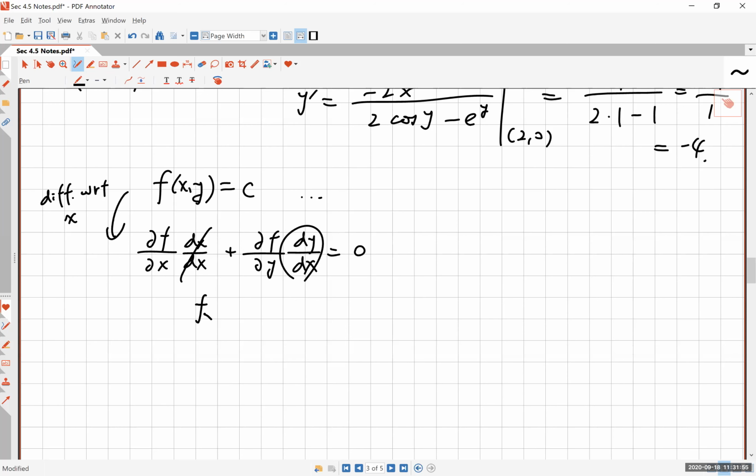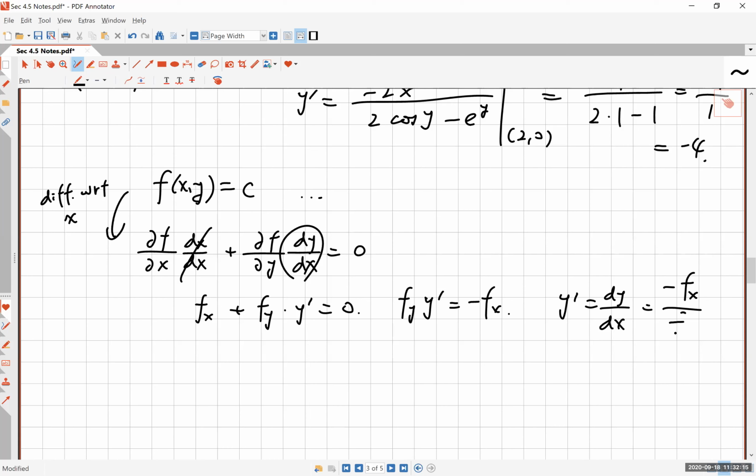All right, so this is fx plus fy times y prime is equal to 0, right? And this is exactly what happened in the 2 previous example problems. All right, so you can say y prime, which is dy/dx, is simply negative fx divided by fy.